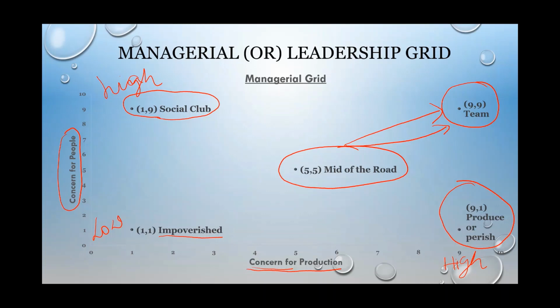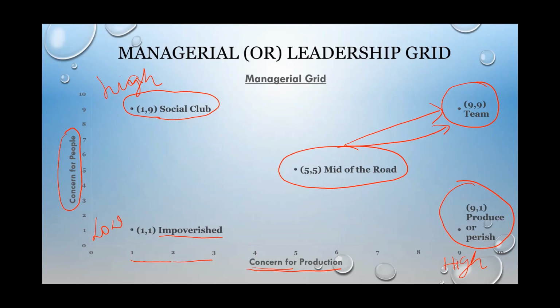Now let us understand how 81 different styles can be applied or understood in this grid. For example, if a leader moves from 1 to 2, that is, his concern for production has increased by 1 unit, then the way he responds and leads the team differs. If it moves from 2 to 3, the way he responds and leads is different.